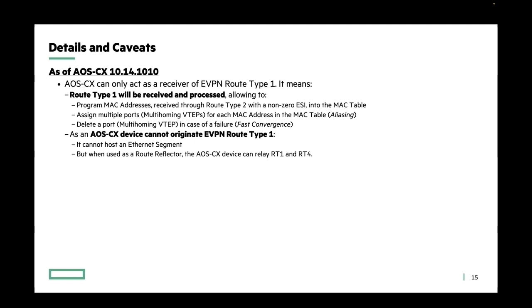All those features will be covered in the later slides, but it must be clear that a CX device cannot originate RT1, so it cannot participate in an Ethernet segment. But in the meantime, even if it cannot originate RT1 and RT4, when it is used as a route reflector, it can reflect those routes if it receives them from multi-homing VTEPs.